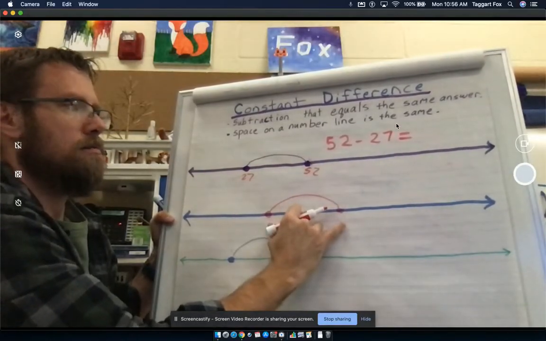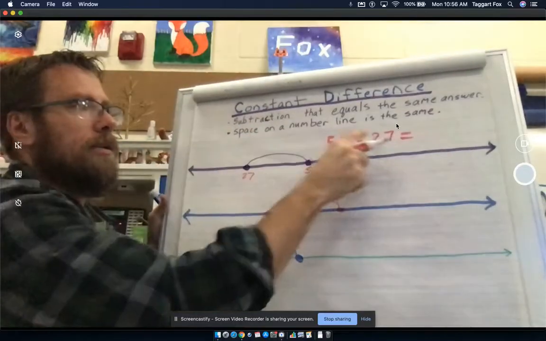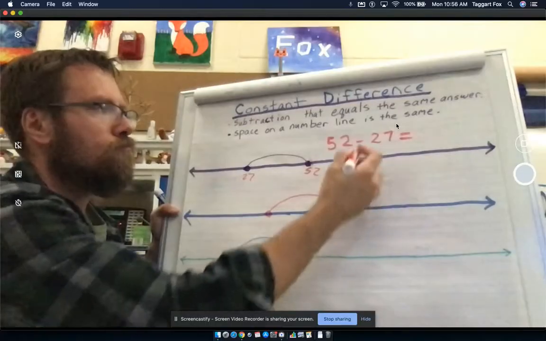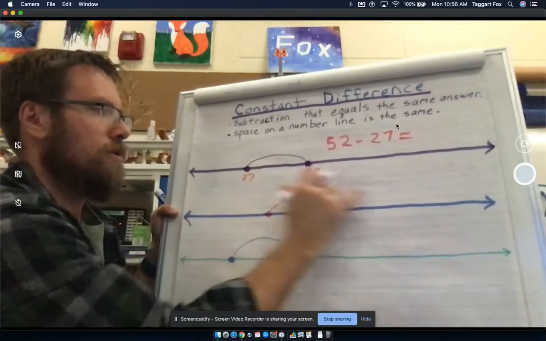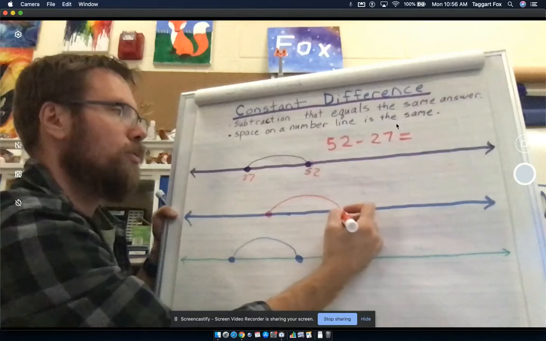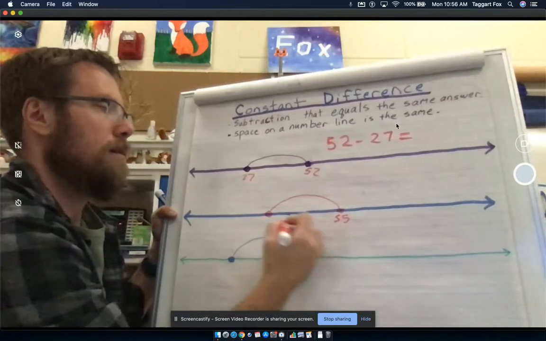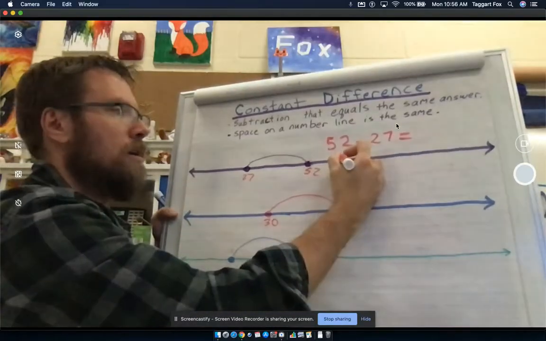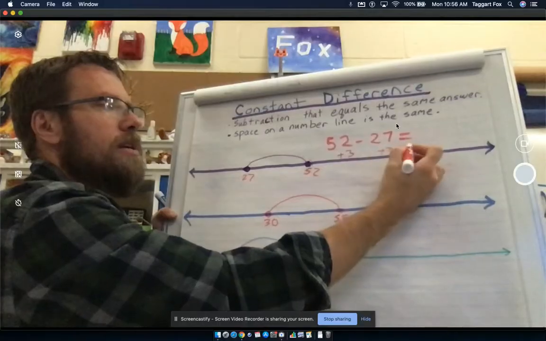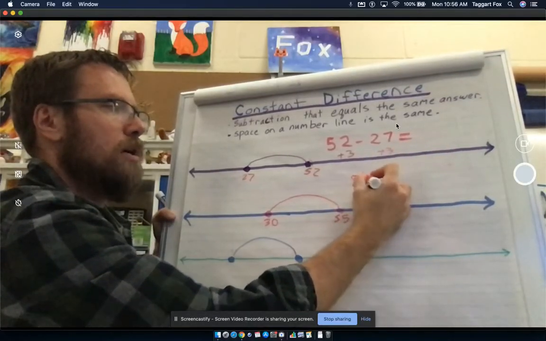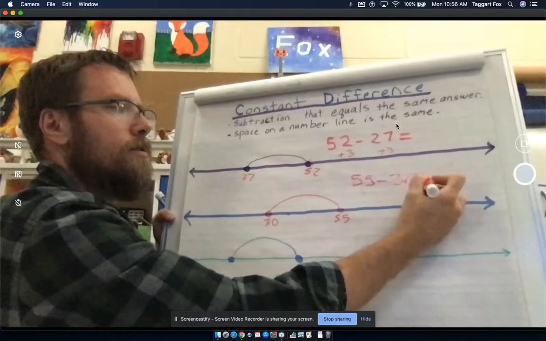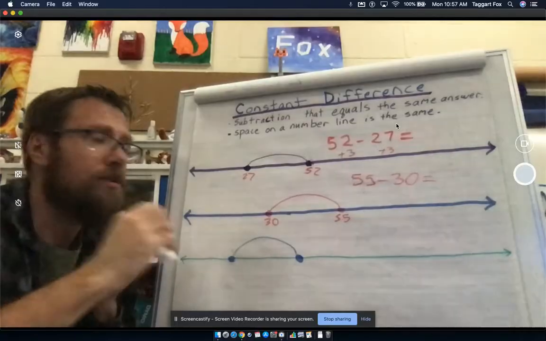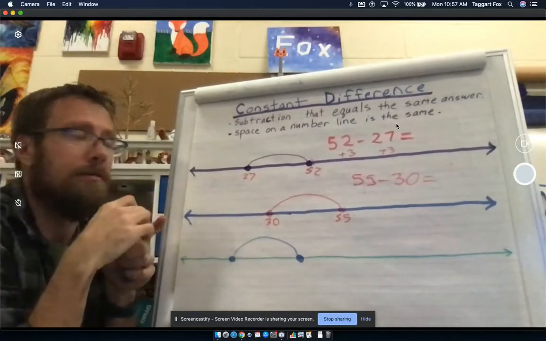That shift, let's see, I want to make the second one a friendly 10. So let's go up 3. So let's shift up 3 to 55 and 30. So I'm moving both of them up 3 on the number line. And now my new problem becomes 55 minus 30. That is a math problem that I can do a little easier. And the answer is the same because the space is the same.